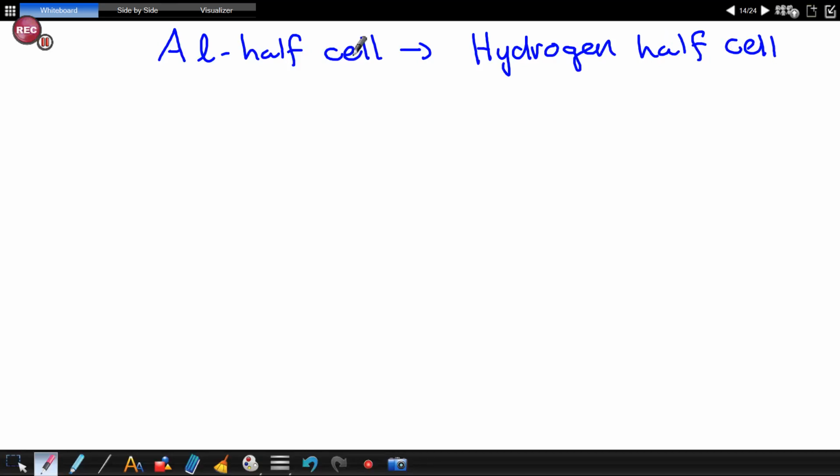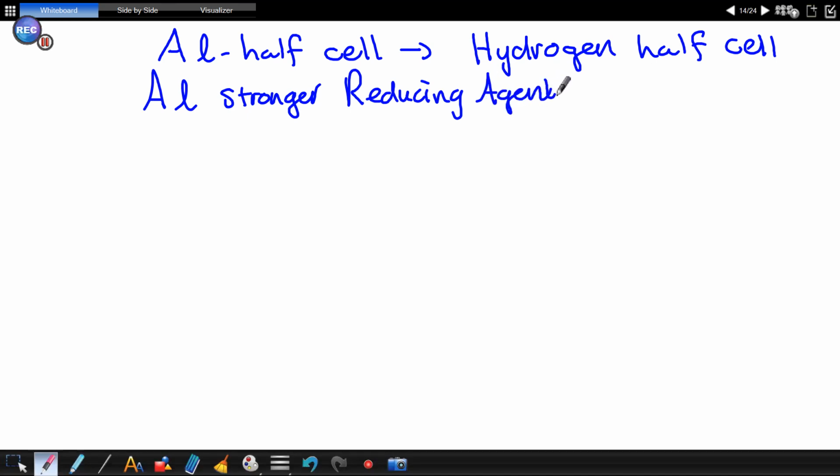And here I'm going quicker now. I'm not going to go with a drawing. So which one is the stronger reducing agent, aluminium or hydrogen? Aluminium is the stronger reducing agent. So with that, aluminium will be forming the oxidation half cell.